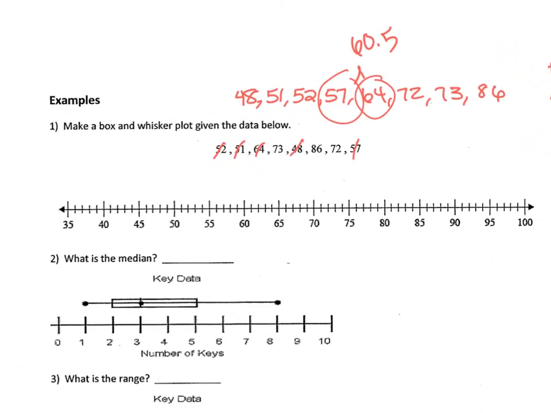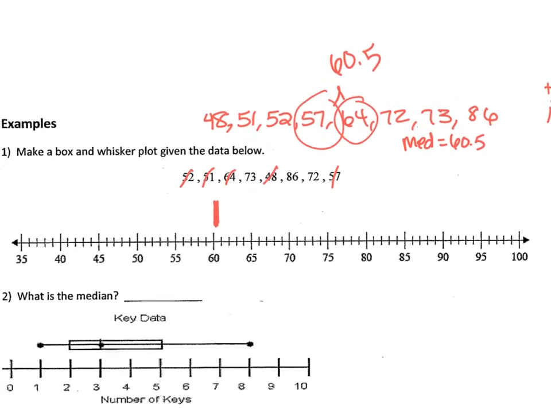So we can go ahead on our number line and put a little line. It's going to be right after 60, or really, you could put it on 60. Right in between that first hash mark. Okay, so that's our median. Our median is 60.5.